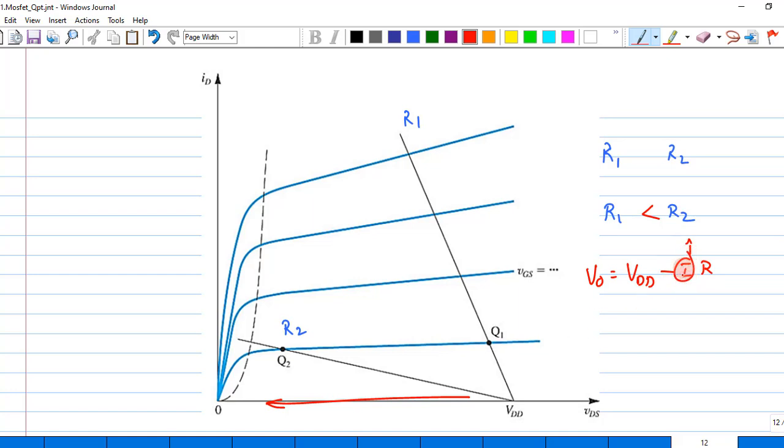This tiny bit cannot completely bring down the value of V out all the way to this particular point. So something else has to act with it to make sure that V out steps down much faster. Which one could act along with the current to bring down the value of V out? It is the R value.